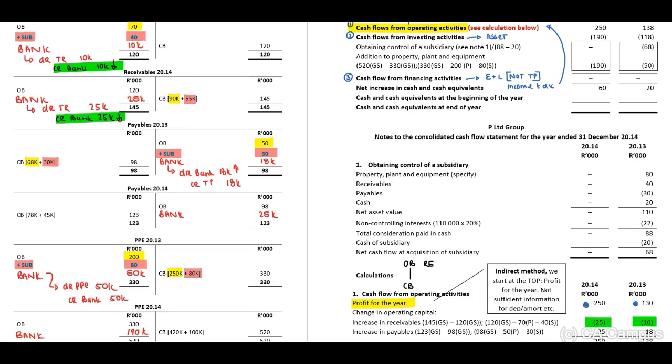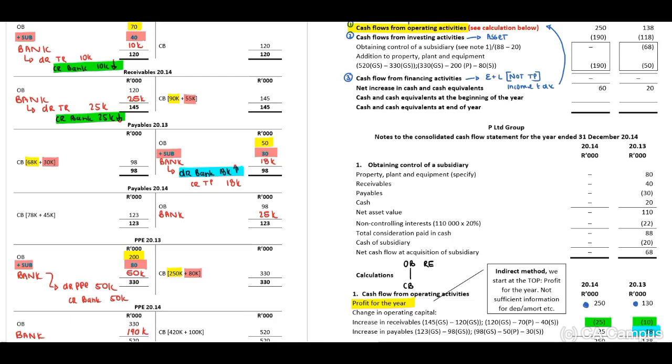When you look at our payables T account, our payables increase on the credit side, and this will result in a debit increase in our bank. Therefore, we need to include a positive 18,000 for 2013. Now, when you look at 2014, our payables increase.